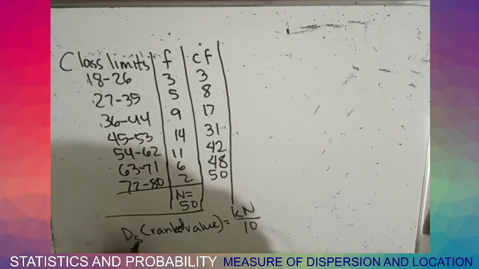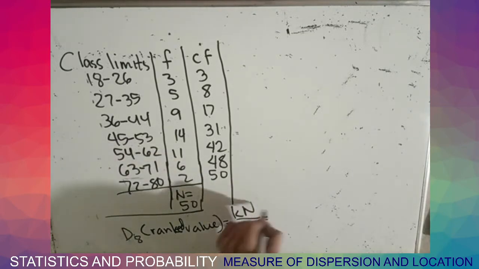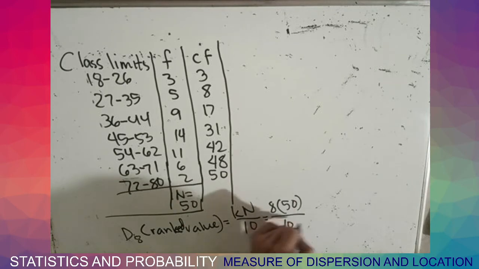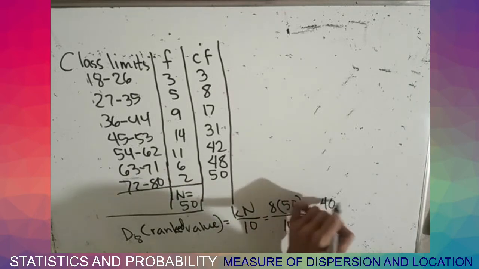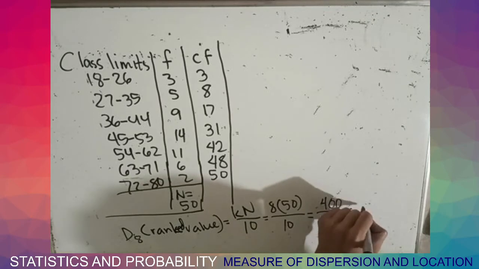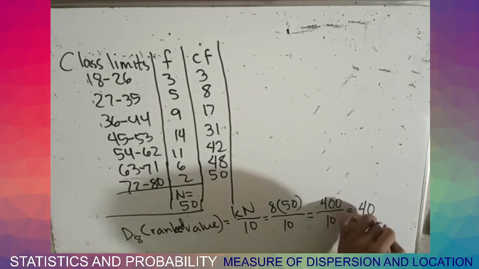So 8 times N, 50, divided by 10. 8 times 50, 400, tama? Okay, divided by 10 will be 40. Okay, so hanapin natin si 40th.